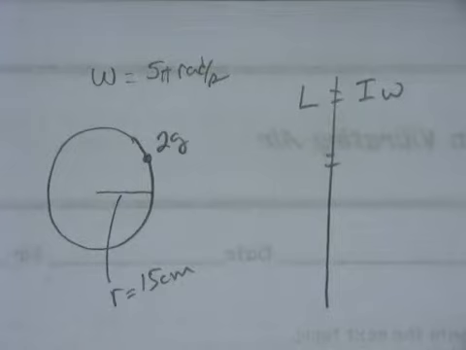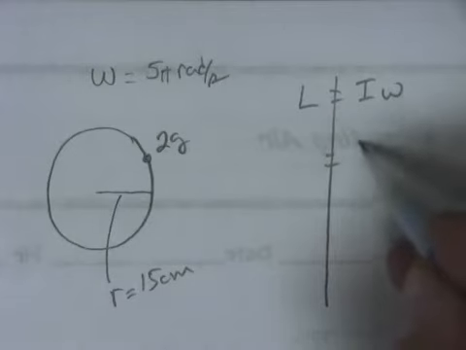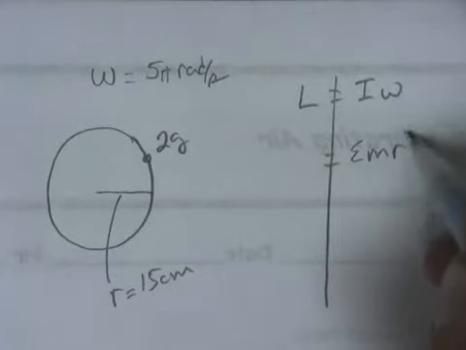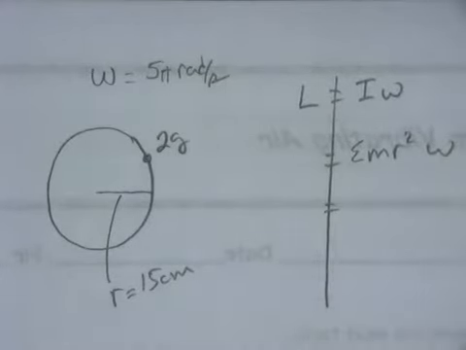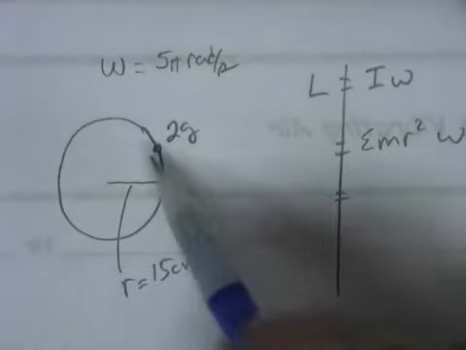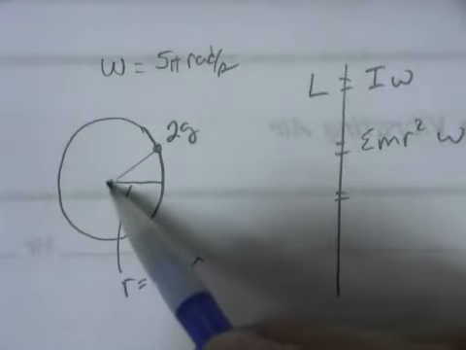The first one is a generic one. The rest of them are special equations, like one for a disk, one for a sphere, one for a cylinder, those types of things. Well, we don't have necessarily a special object here. It's just a regular particle. And so we're just going to have to use the first equation, which is sigma m r squared. Now, I only have one particle, and it's a certain distance from the axis of rotation.